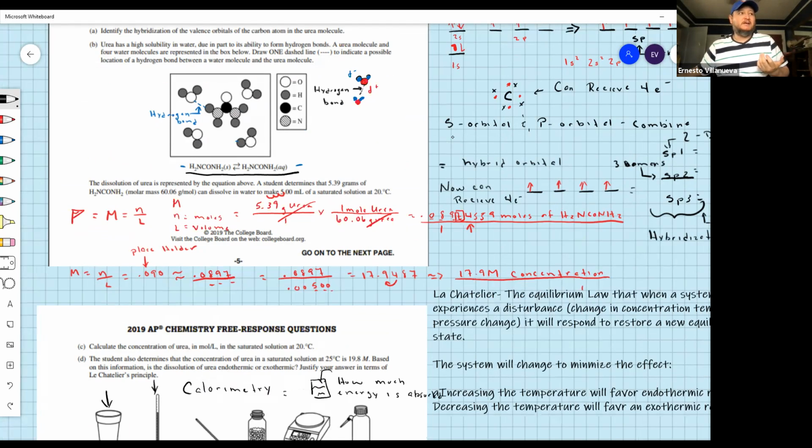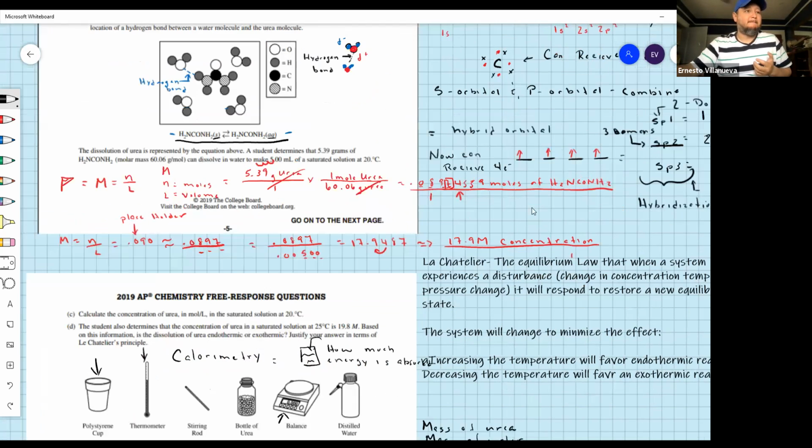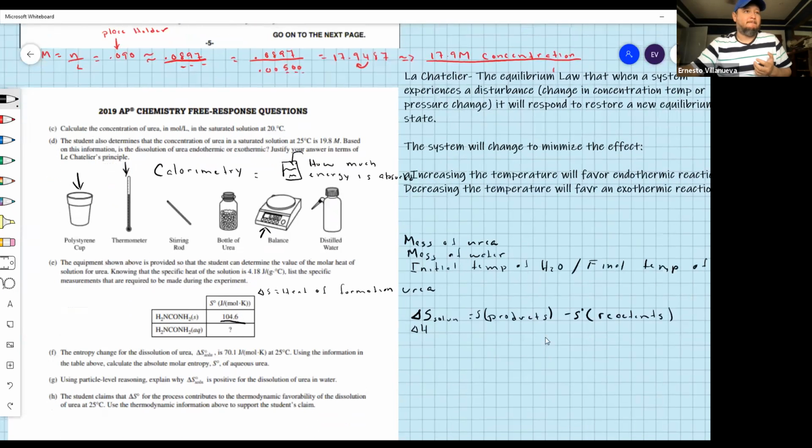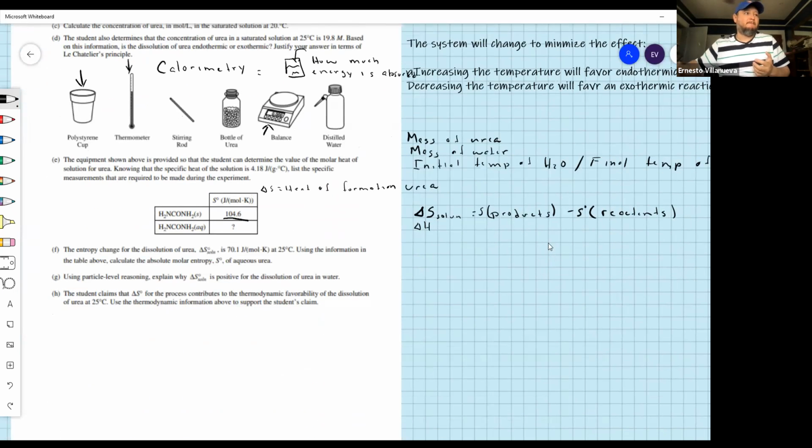So basically it goes back and forth in equilibrium. It's pretty much essentially the same thing. It's just moving back and forth and it's changing from a solid to aqueous solution, right? Then it goes forward, it goes backwards. So your products and your reactants are going to look pretty similar.